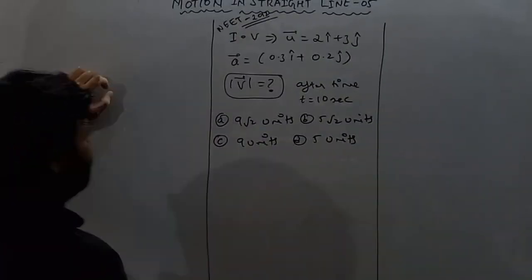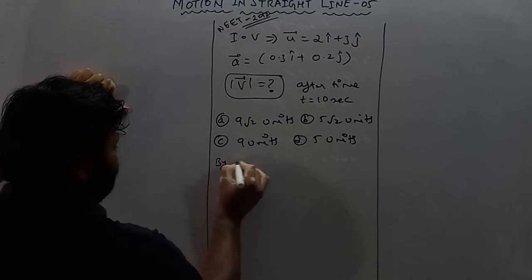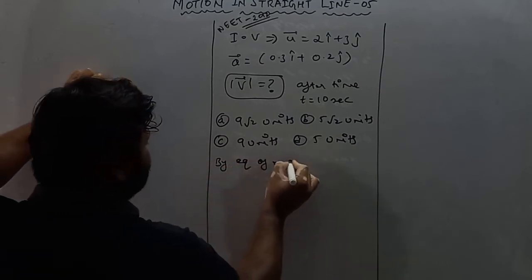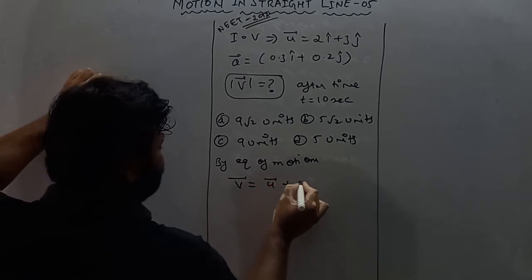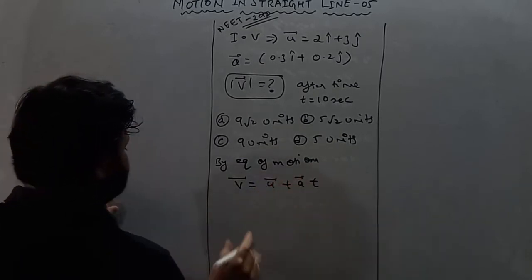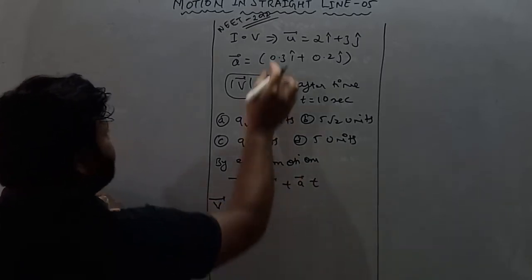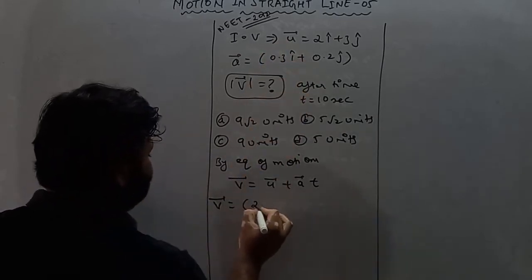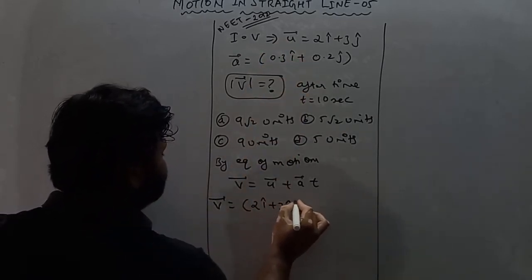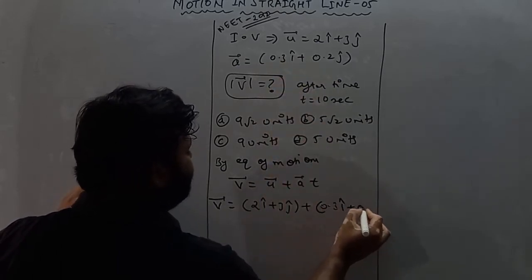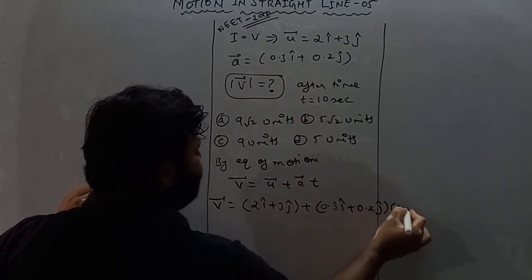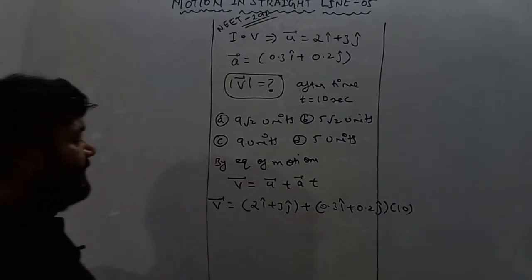So my dear students, I'll apply the equation of motion. We know that final velocity is equal to initial velocity plus a vector into t. So final velocity is nothing but u. Instead of u, I'll write 2 i cap plus 3 j cap, plus, instead of acceleration, I'll write 0.3 i cap plus 0.2 j cap, and instead of t, that is time, I'll write 10.